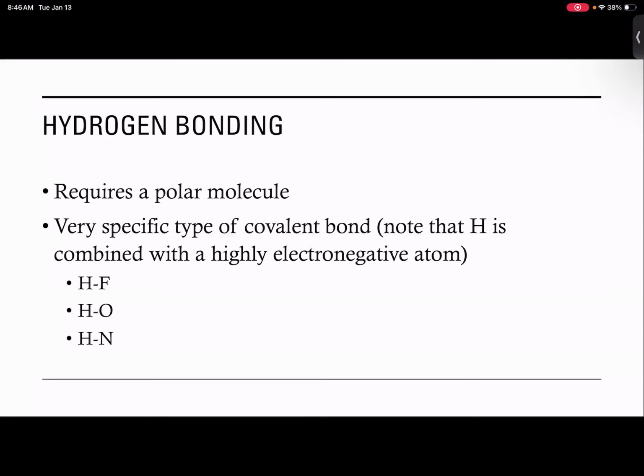Hydrogen bonding is responsible for the miracle that is water. Water being such a small molecule should not have a boiling point of 100 degrees Celsius.